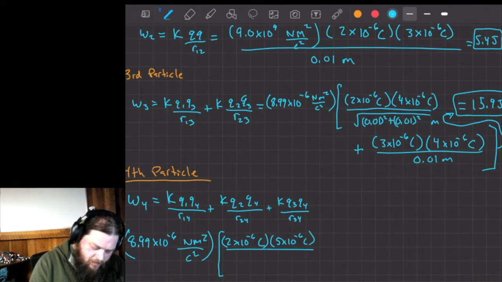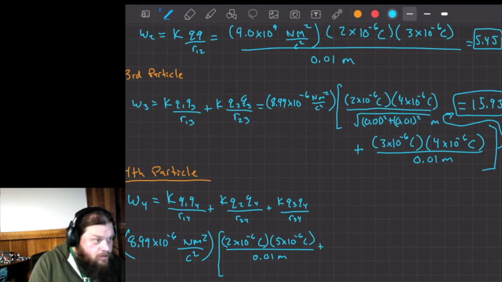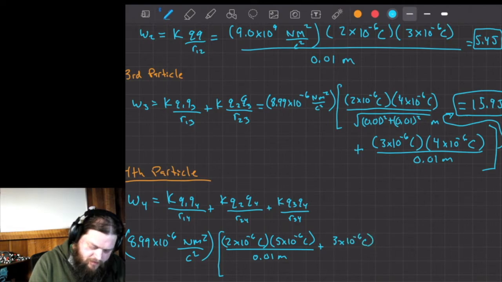Divide it by the distance between those, which is 1 centimeter as well, plus charge 2, which was 3 times 10 to the negative 6 coulombs, times charge 4, which is 5 times 10 to the negative 6 coulombs.